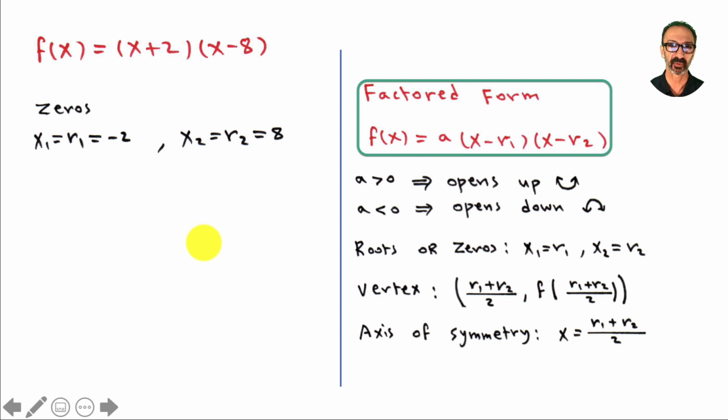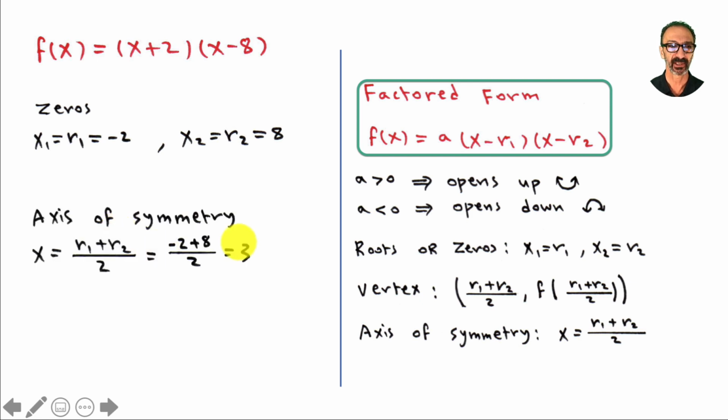The axis of symmetry will be right in between, and you do the math, -2 plus 8 over 2. That's 6 over 2, which is 3. The vertex will be 3 and its output. And if you take your time, plug it in, it's going to be -25.